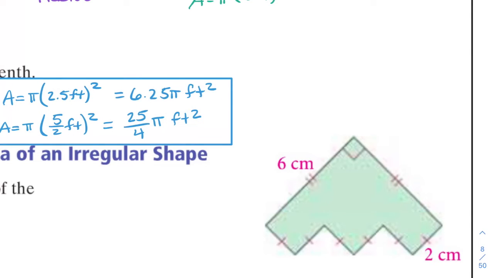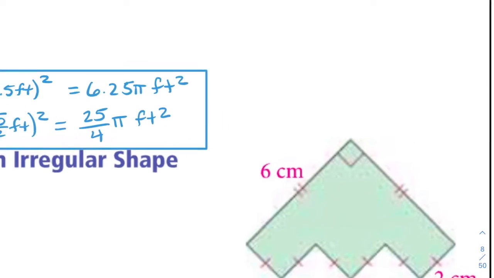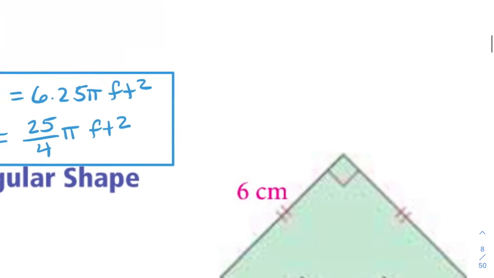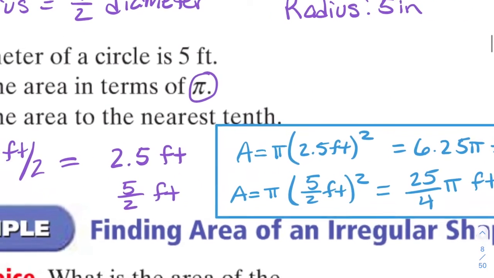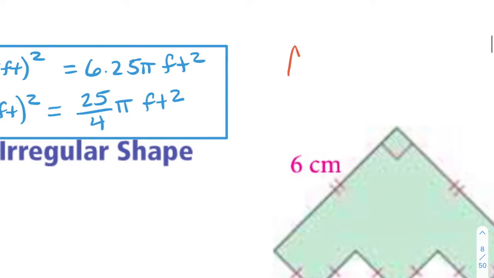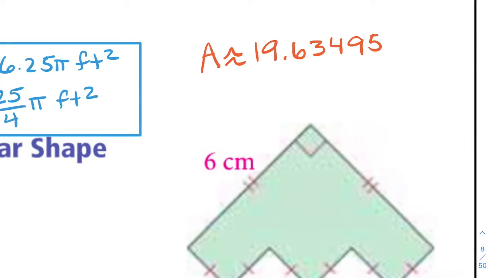approximate it. Either way, if I do 25 pi divided by 4 in my calculator, I get 19.63. If I do 6.25 pi, I get 19.63. I get the same thing, rounding to the nearest tenth. So I'm going to say area approximately equals 19.634954.